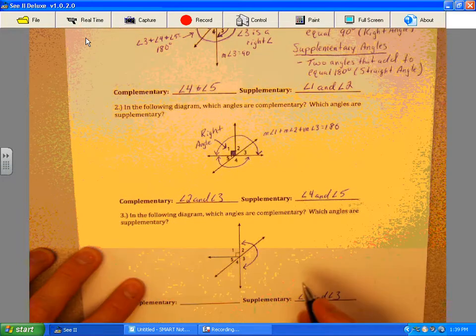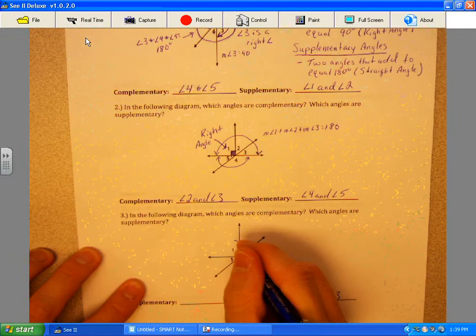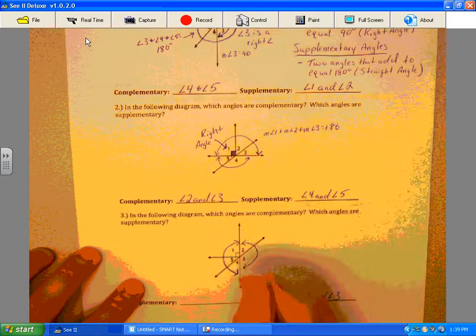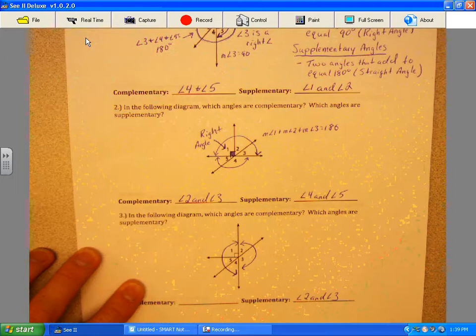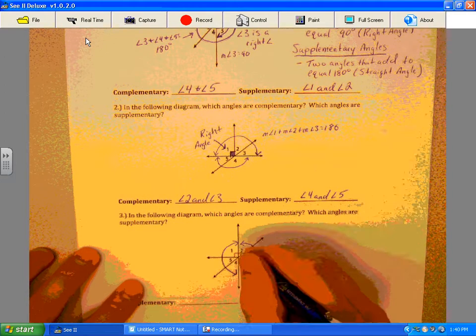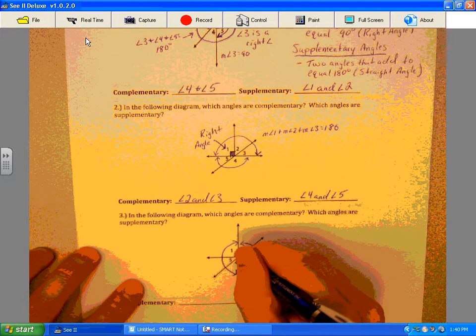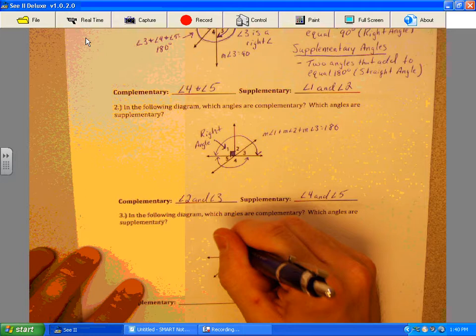Looking on the other side of the diagram, angle 1, 4, and 5 combined form a straight angle. We see here that angle 1 is a right angle because of this box.